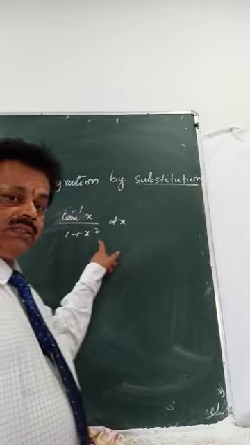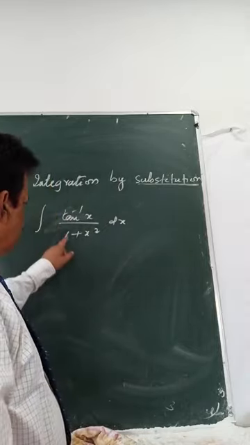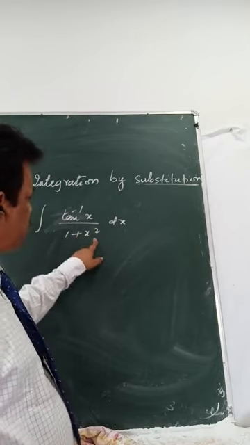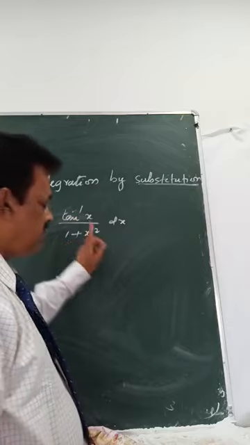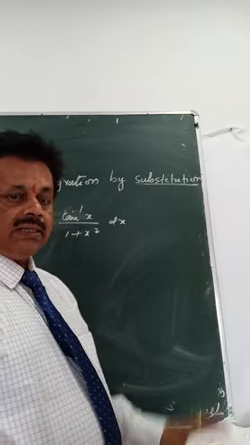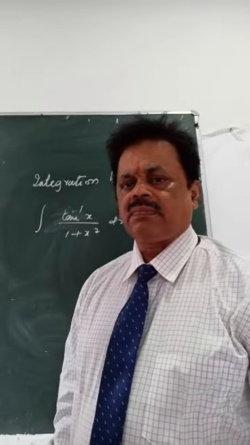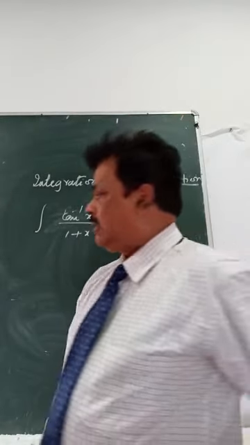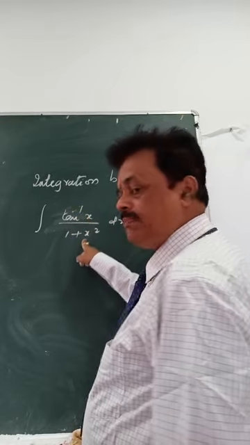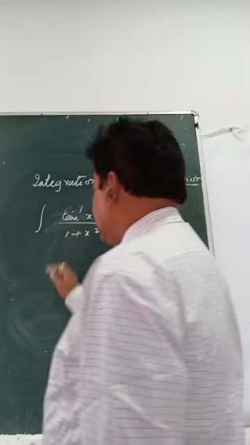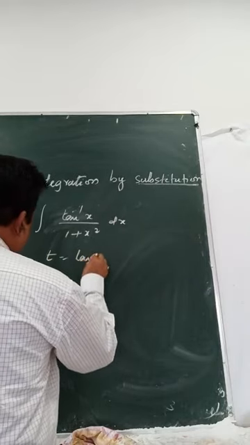What we look for here is whose derivative is present, whether 1 plus x square derivative is tan inverse x or tan inverse x derivative is 1 plus x square. That is the only point to notice here, otherwise it will be the same easy method for us. We can find out tan inverse x derivative is 1 by 1 plus x square. That means I will take t equals to tan inverse x.